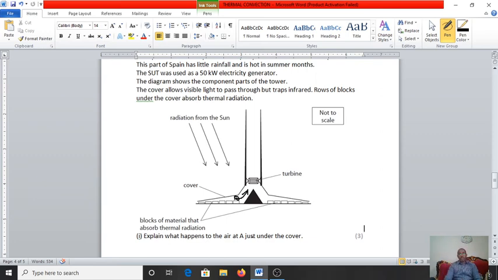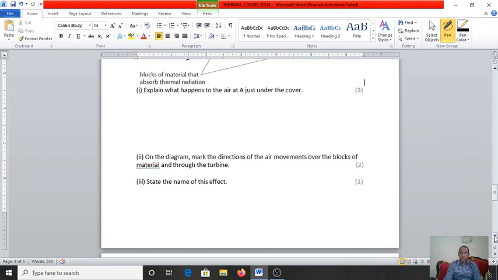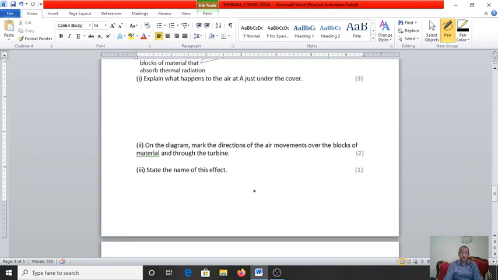Then we know later the cooler and denser air will come in to fill that space, but they only want us to say what happens to the air here. So that air becomes hot, it expands, becomes less dense, and then it rises. Those are the 4 points for this question. You can give all the 4 points. Let the examiner give you what he wants. Only 3, but you have answered everything.